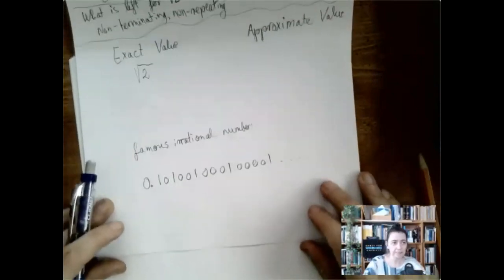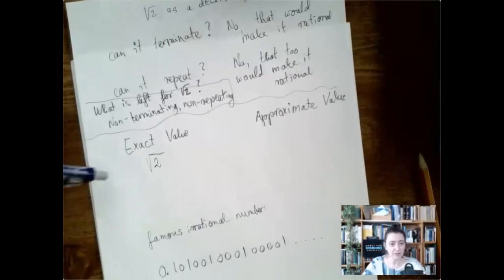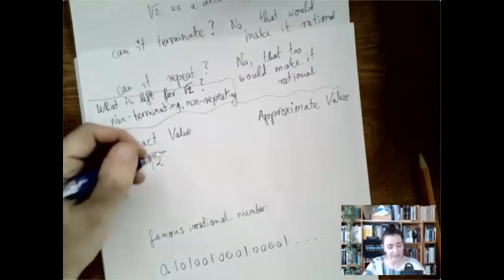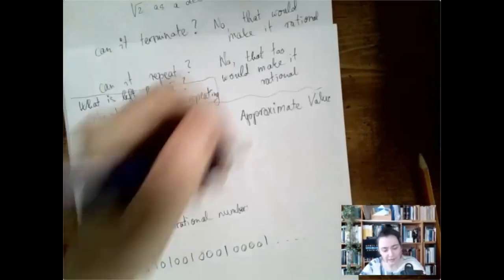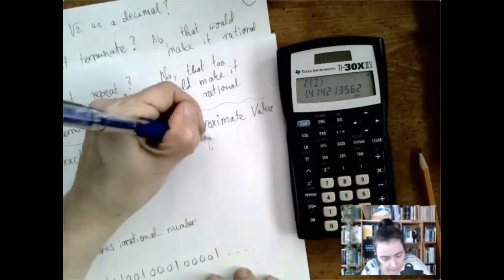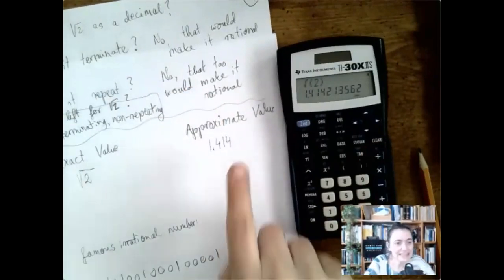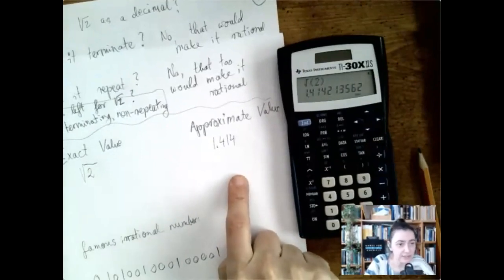But we cannot really write down square root of 2 as a decimal or as a fraction. So we're going to write it like square root of 2. And anything you try, like 1.414, this is a rational number. Why? Because it's a terminating decimal. This is not square root of 2.